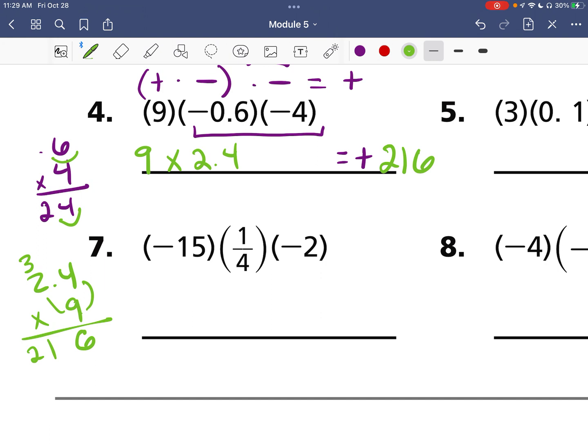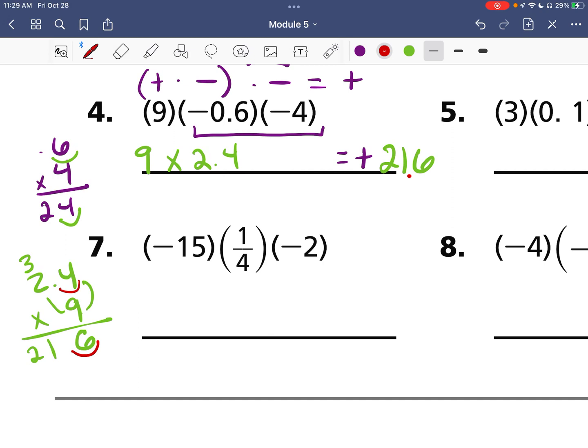And we won't forget our decimal. 21.6 as our final answer, and we already know that it is positive.